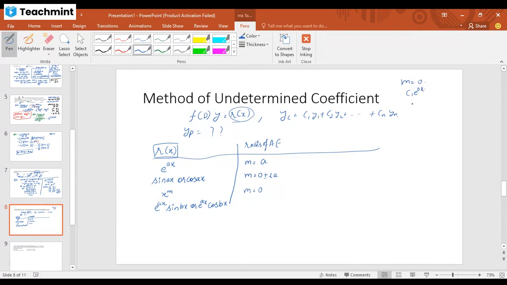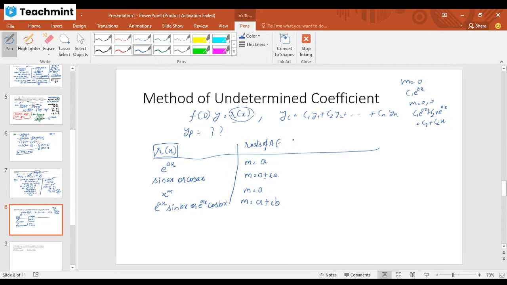If it is repeated 2 times, m equal to 0, 0, then the solution is c1 e power 0x plus c2 x e power 0x, that means you will get a linear polynomial. And if it is repeated 3 times, you will get c1 plus c2 x plus c3 x square and so on. You will get this kind of function, e power ax with sine or cosine, if the roots of the auxiliary equation are complex numbers a plus minus i b.